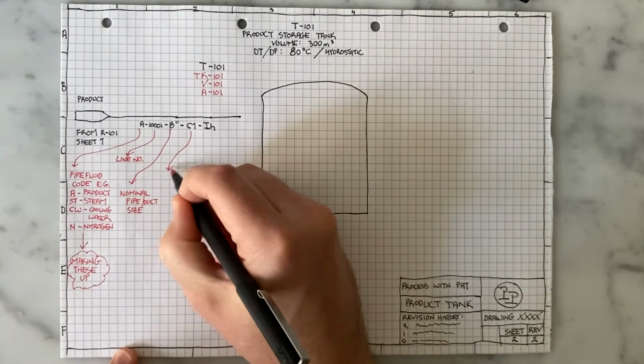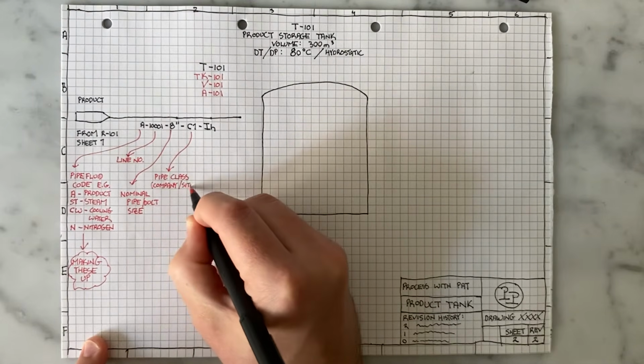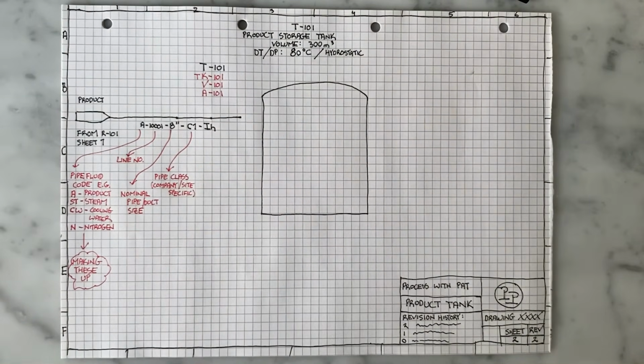Then we give it something called a piping class. Don't confuse this with the fluid code. The fluid code tells us what is inside the pipeline. The pipe class tells us what the pipe is made of. So the pipe class isn't exactly a material, it's a collection of materials.